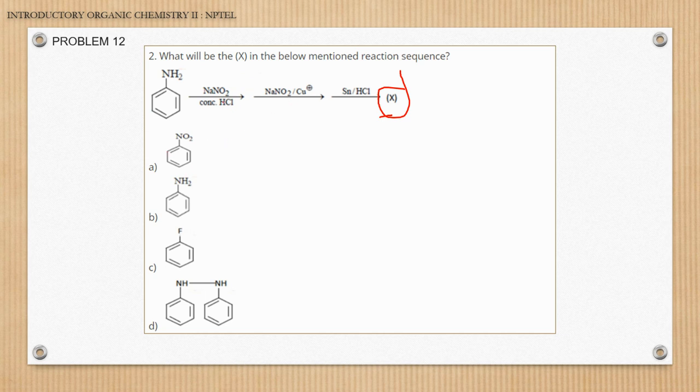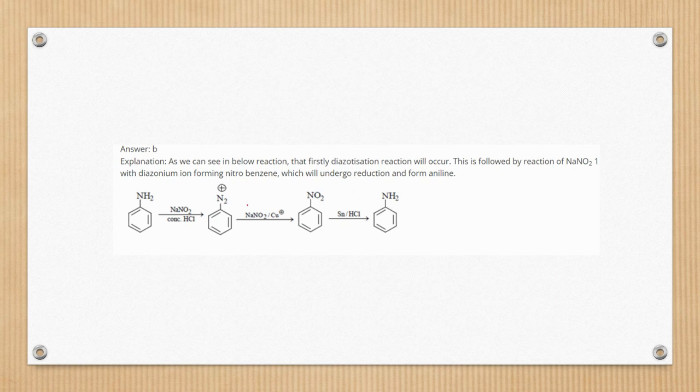First the diazonium salt is getting formed, and again they have treated it with sodium nitrite. Sodium is positive here, nitrite is negative. The diazonium salt, that is N2Cl, is electrophilic in nature, and you have this positive charge here. So now this nitrite will attack your ring, leaving out this N2, and give you the nitro compound.